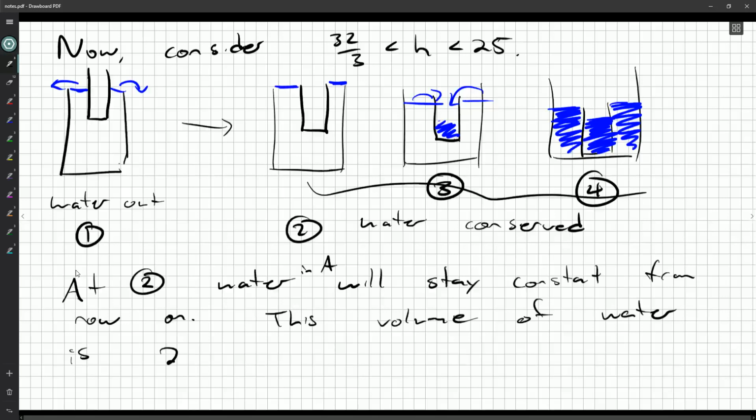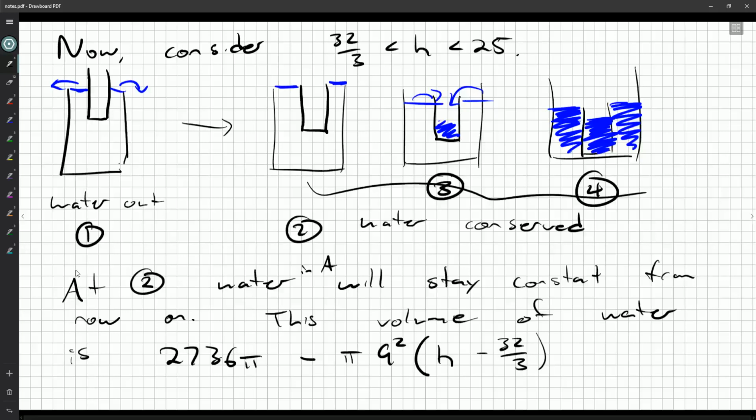is, well, we've got the 2736 pi that we start off with, minus the pi 9 squared, the difference in the height, and this 32 over 3 amount. Okay. So that's how much water will be left.